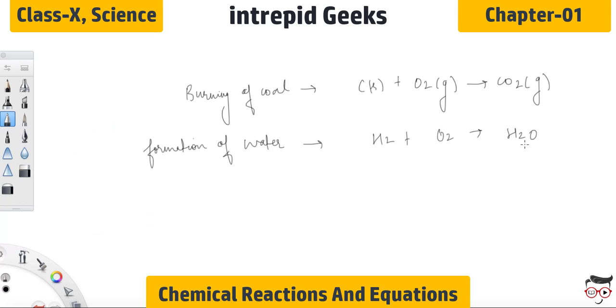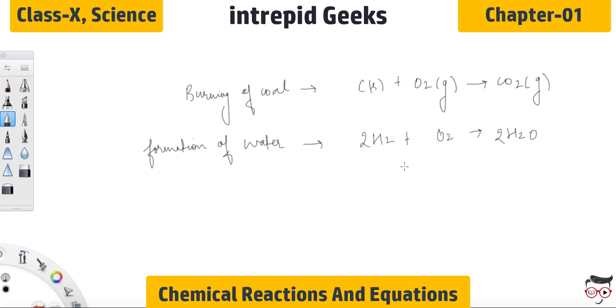So in order to balance oxygen, let us multiply by 2 here. Then 4 H atoms are there, so in order to make it 4H, we need to multiply H2 by 2. So balancing is a simple process. It will come gradually once you start practicing it.